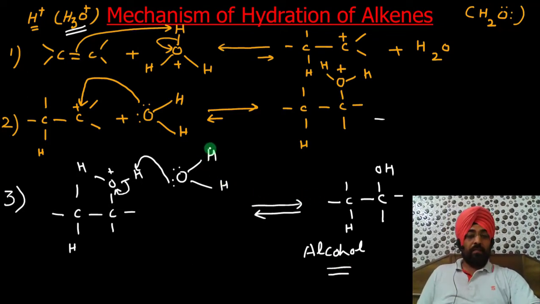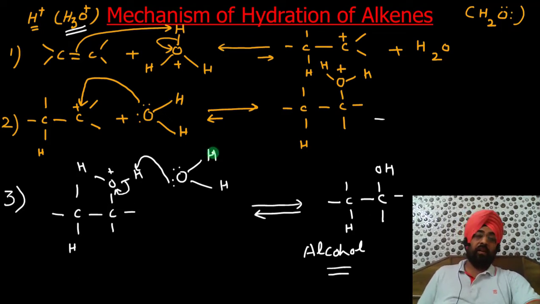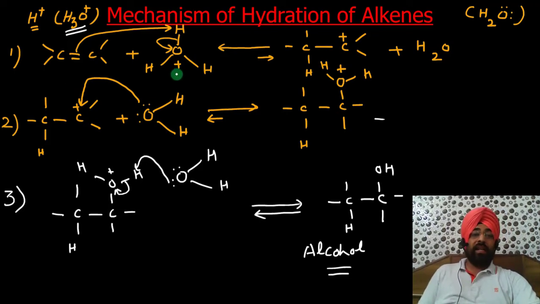So it is quite simple. It is similar to the general mechanism that I have shown in my first slide of alkenes. Now the electrophile was H3O positive, and so this alkene, it attacked from here to this H positive, and this electron went to oxygen. So we get this carbocation and water.